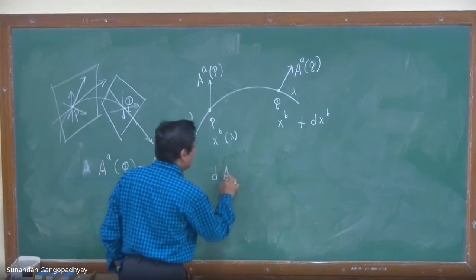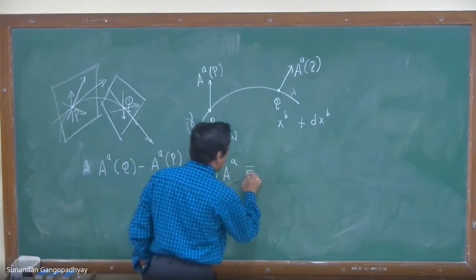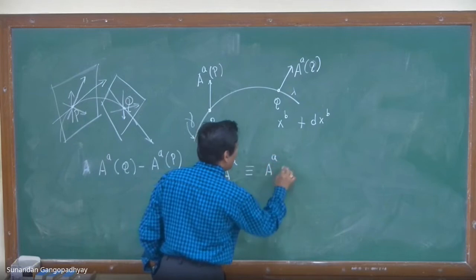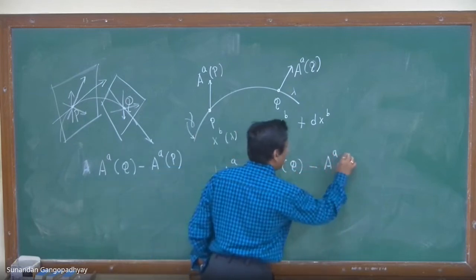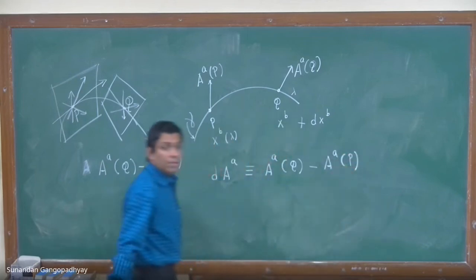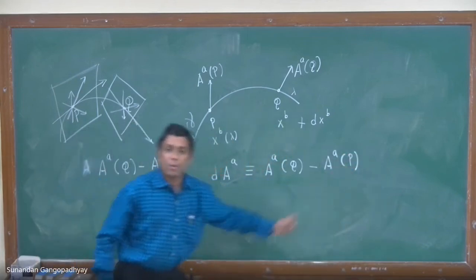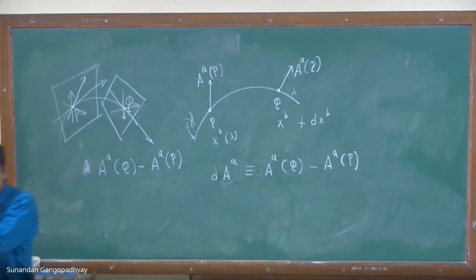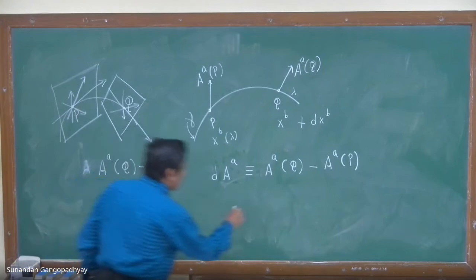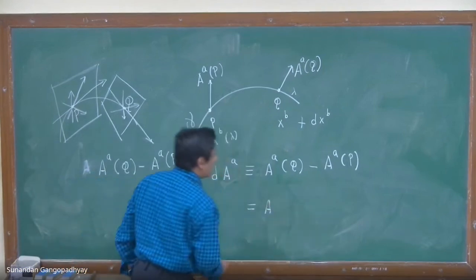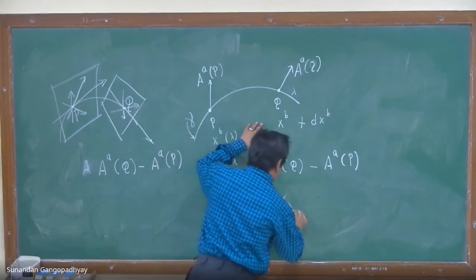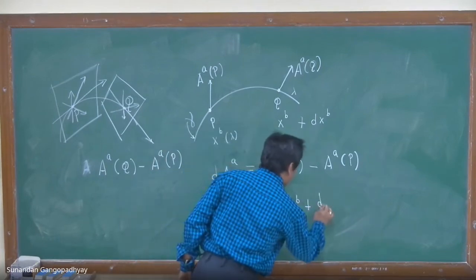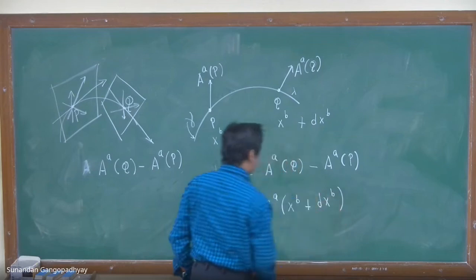I shall call dA_a this particular thing, A_a at Q minus A_a at P. My aim is to show that this does not transform in a tensorial way. So let us prove this. Q is nothing but x^b plus dx^b.